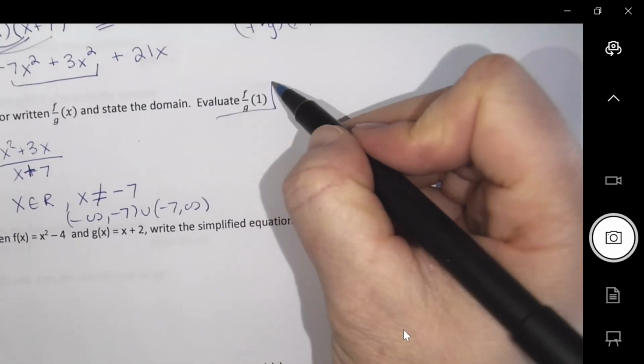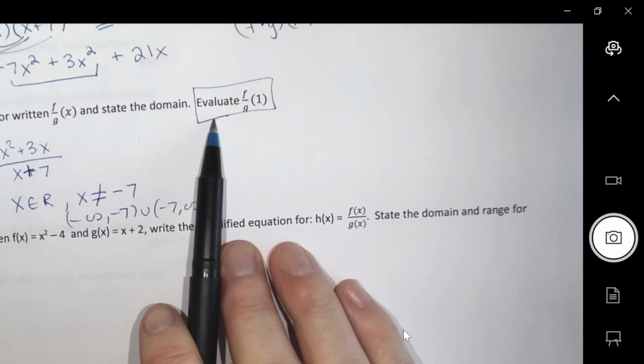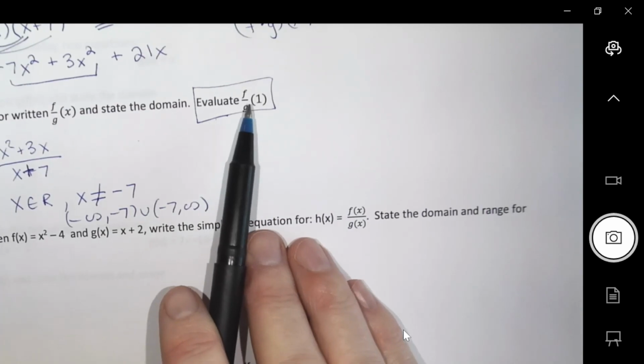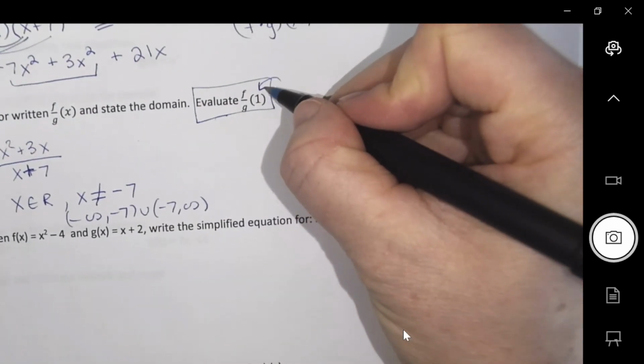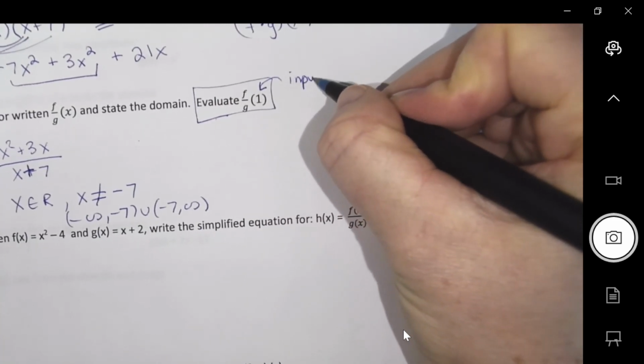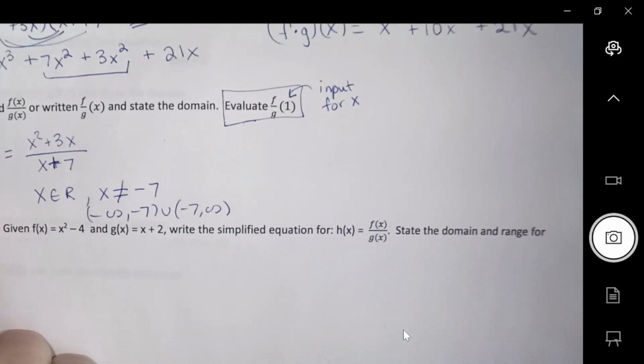Okay, this next part says evaluate. That word means figure out the number when you plug a 1 in. So this means your input for x. That's the x.